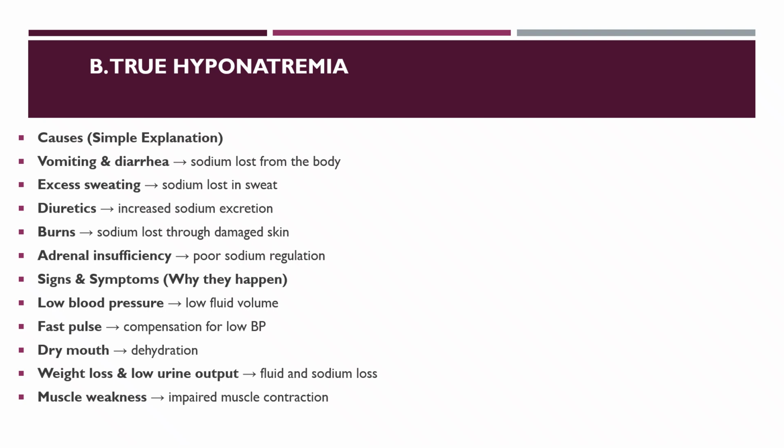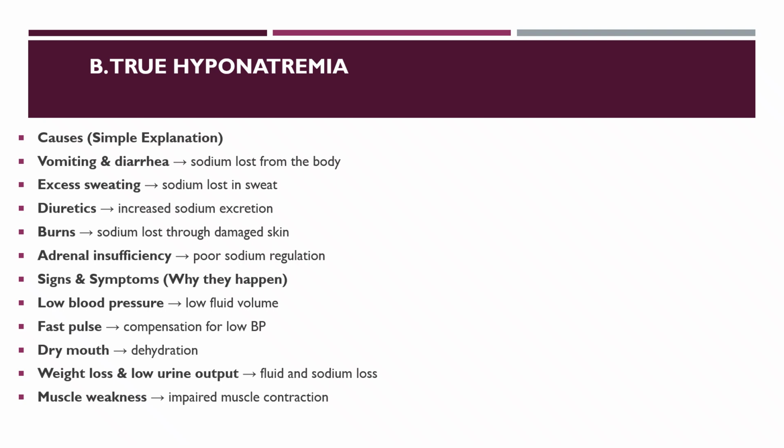The causes are vomiting and diarrhea, which will lead to loss of sodium in the body, and excess sweating. Then we have diuretics, drugs that promote frequent urination and excretion of sodium as an electrolyte as well. We have burns, leading to sodium loss due to damaged skin. Then we have adrenal insufficiency, which affects sodium regulation.